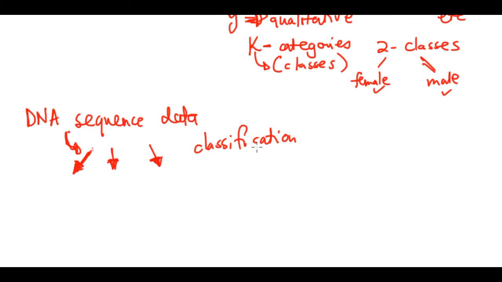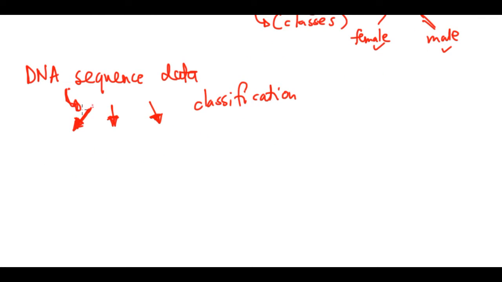Someone might be asking, how would you classify? Some methods classify based on probabilities. What is the probability of the person having this disease, the probability of having this one, or the probability of having that one? And then they compare the probabilities. The one with the highest probability will be the diagnosis of the person.